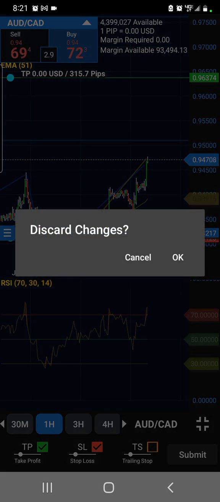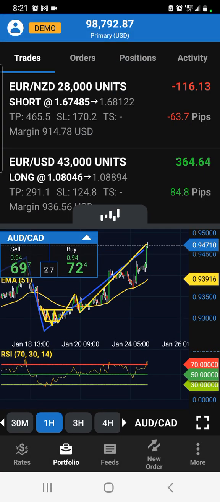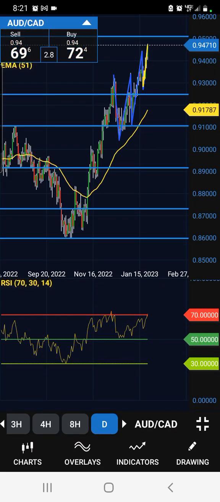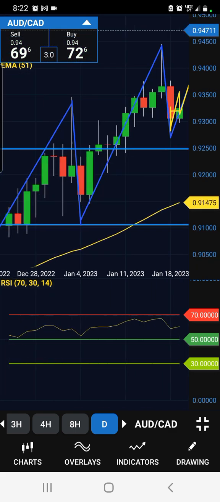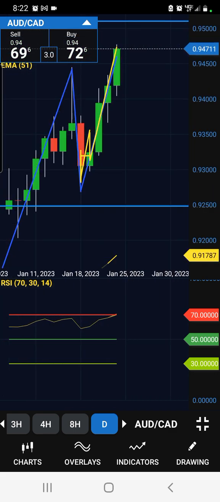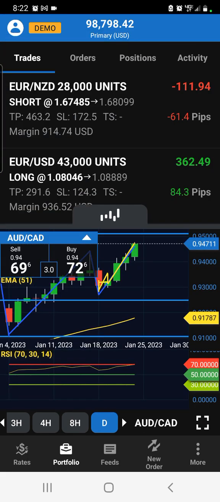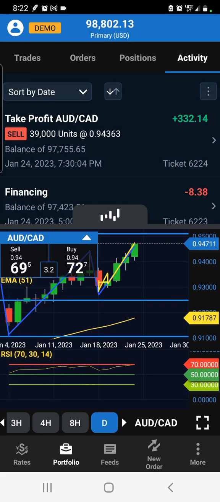We gonna discard that. Either way it goes, I set my take profit on this trade at 0.94.